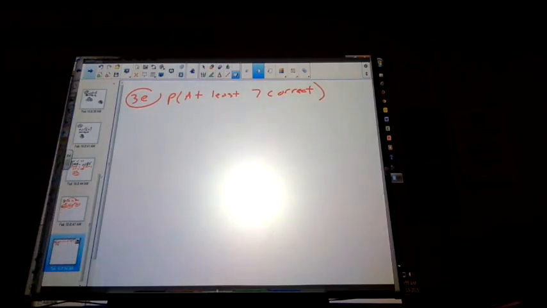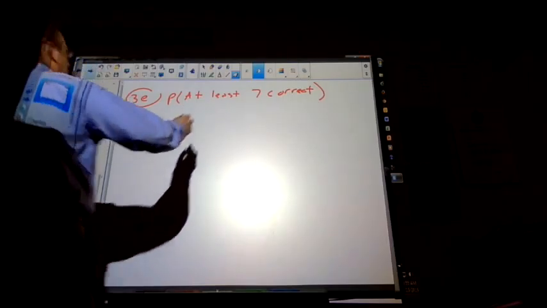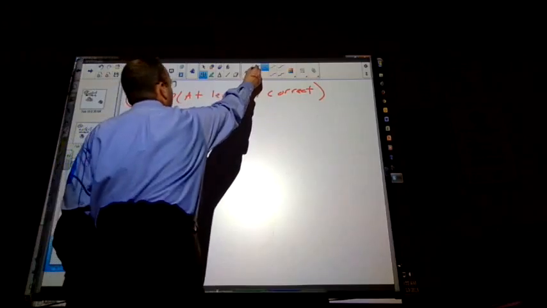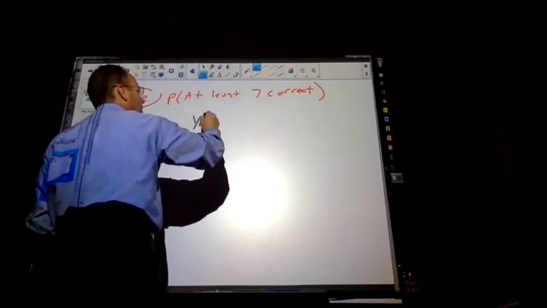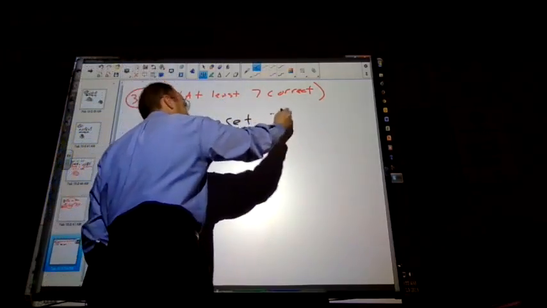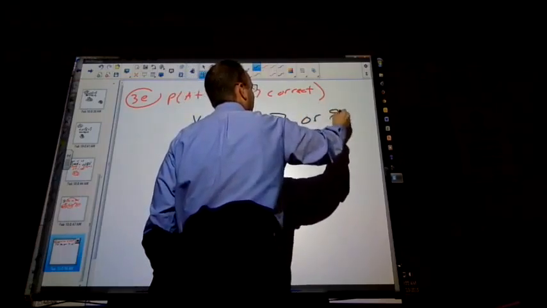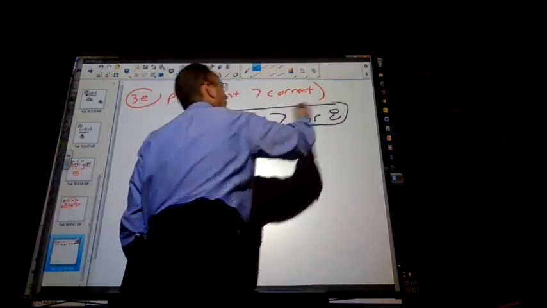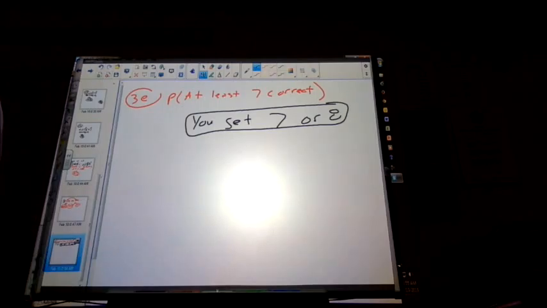It means you get 7 or 8 more. You get at least 7. So 7 or 8, right? You sure? Yes. Why is this so hard? Because I'm not an English person. You get 7 or 8 of the questions right. Is that right? Did I do it right?